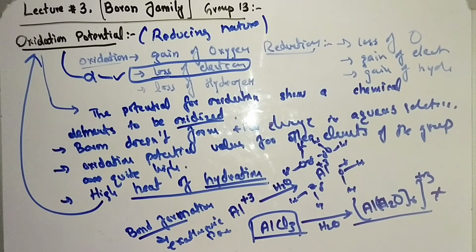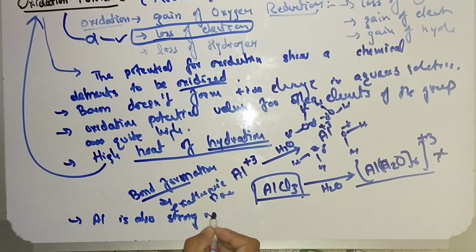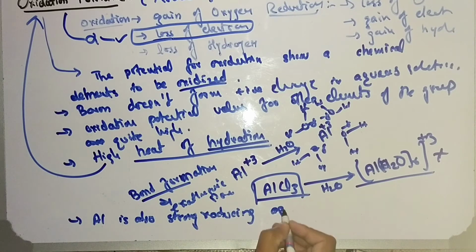Also, aluminium is a strong reducing agent. Aluminium is also a strong reducing agent. What is meant by reducing agent? A reducing agent will reduce another atom or another molecule.